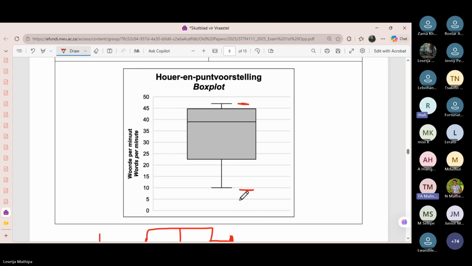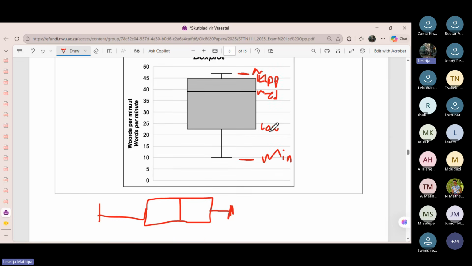At the bottom, 10. Okay, that will be our minimum. 10 is our minimum. Then this one will be the lower quartile. This one will be the median. This one will be the upper quartile, and this one will be the maximum. Okay, that's great.